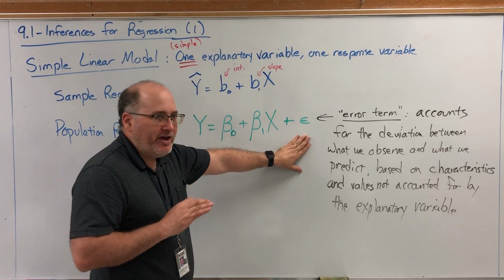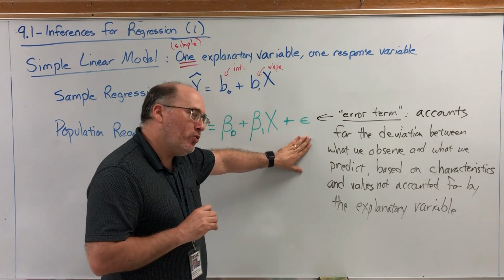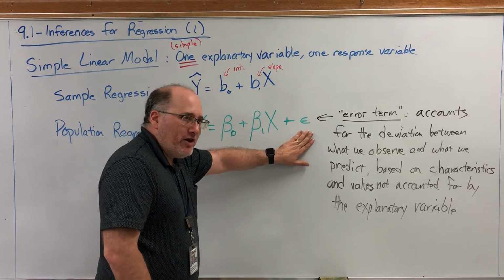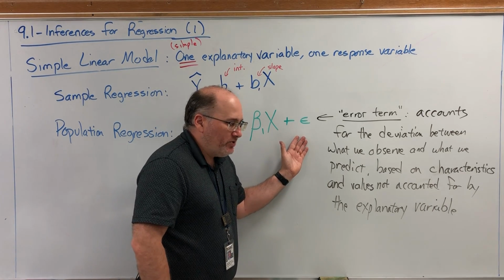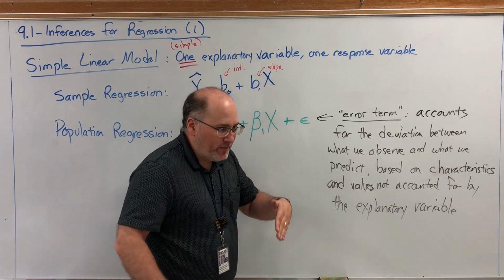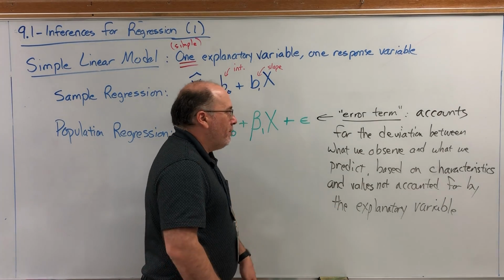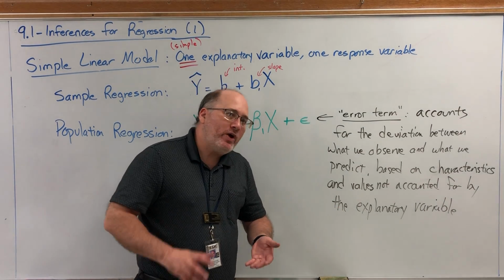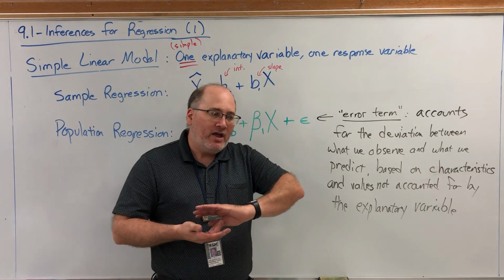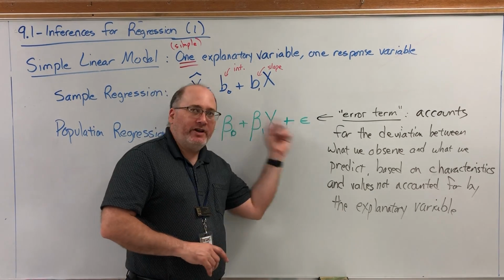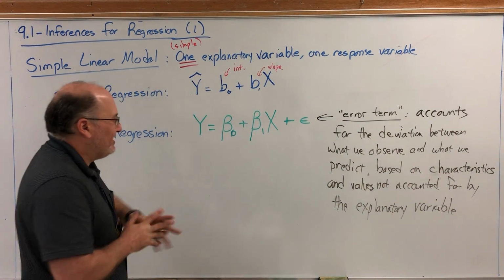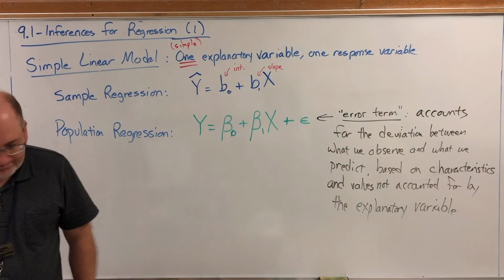How many kids do you have? How many hours per week do you work at a job? Are you married? Again, I know that's a qualitative variable whose answers are not numbers. Yes, you're married. No, you're not married. But as we'll see in chapter 10, there is a way to take a qualitative variable and codify it so that it's quantitative and therefore incorporate it in a model. So that's all this error term represents.